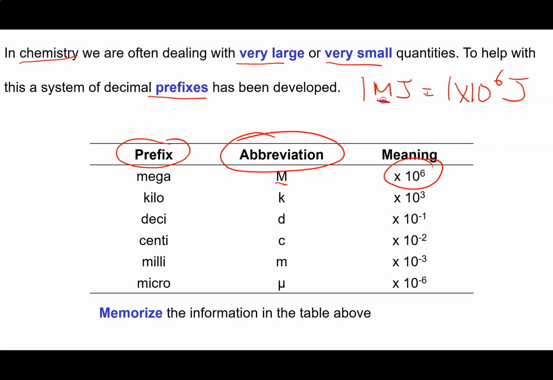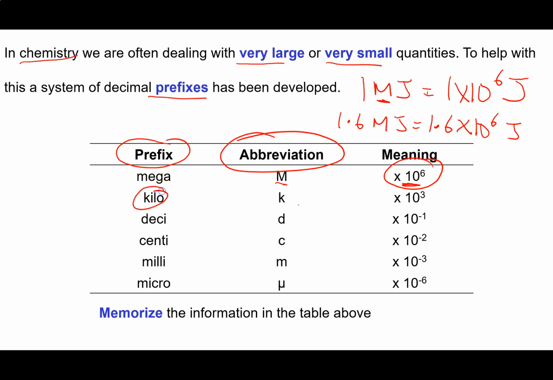The M there just means do that. Or if I have 1.6 megajoules, then that would mean 1.6 times 10 to the 6 joules. So it's just a shorthand for expressing that we want the number to be multiplied by a power of 10.